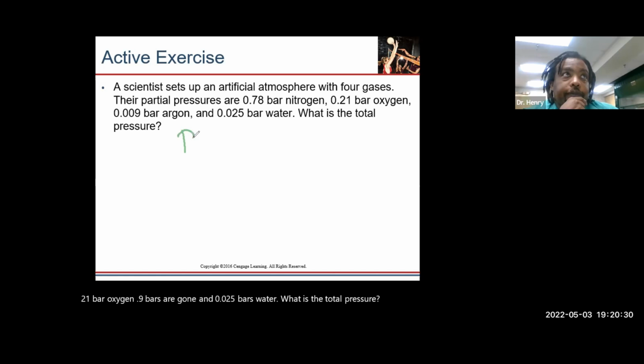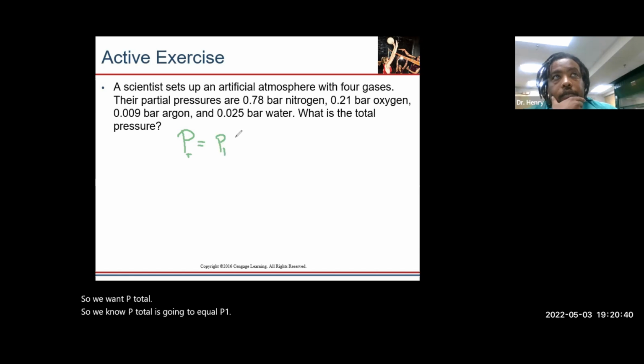So P total. Okay, so we know P total is going to equal P1 plus P2 plus P3 plus P4.